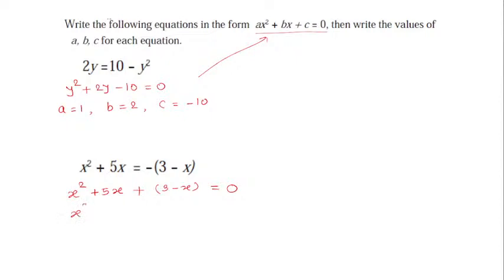Now we have x square plus 5x minus x, it would be plus 4x plus 3 that is equal to 0. Now this is in the general form, ax square plus bx plus c is equal to 0. And now if we compare these two equations, the coefficient of x square is not given, so it must be 1. That is a is equal to 1. Value of b, that is the coefficient of the second term, that's 4. And value of c is 3. So these are the values of a, b and c. So this is how we can find the values of a, b and c.